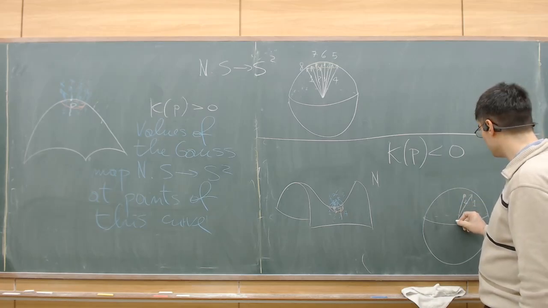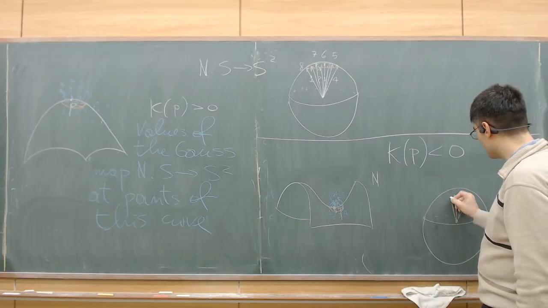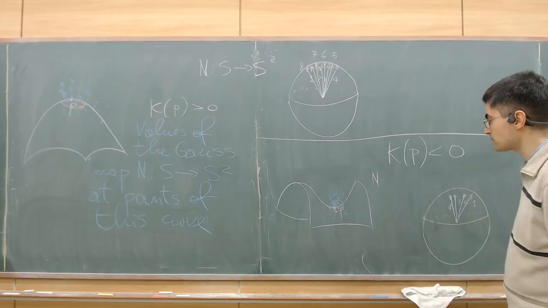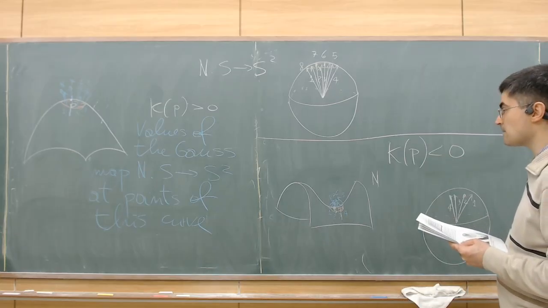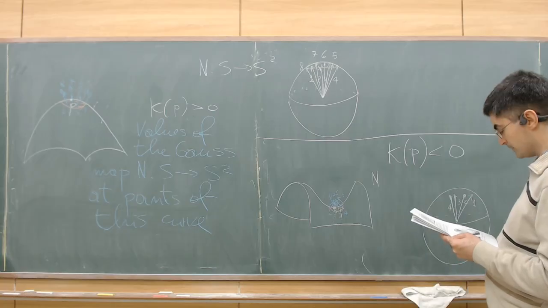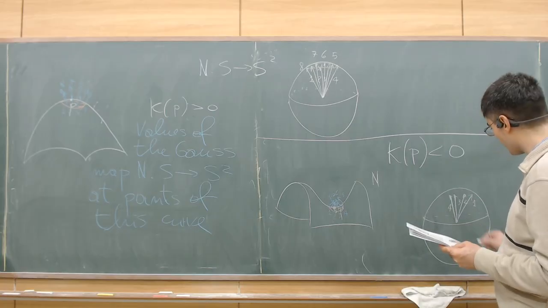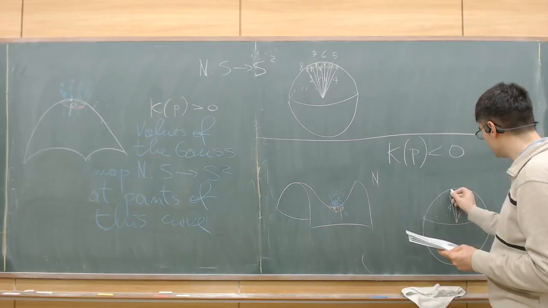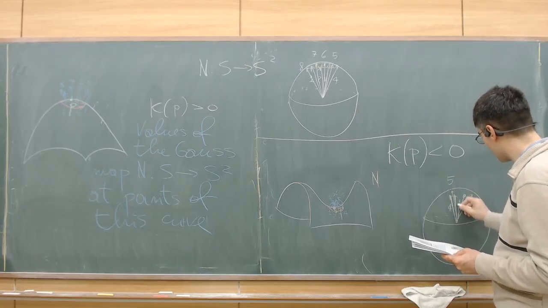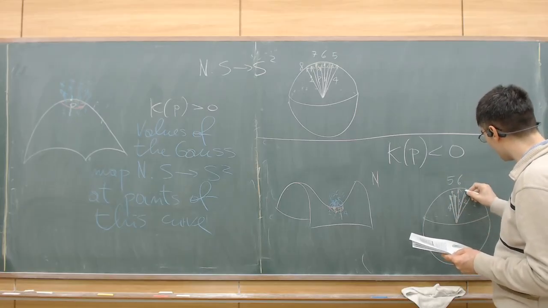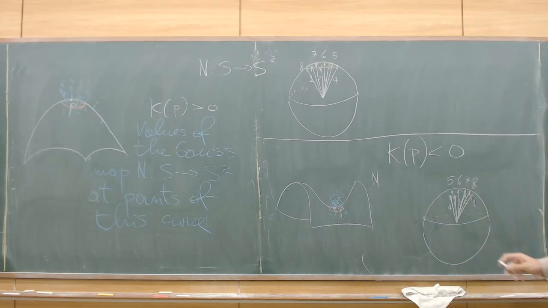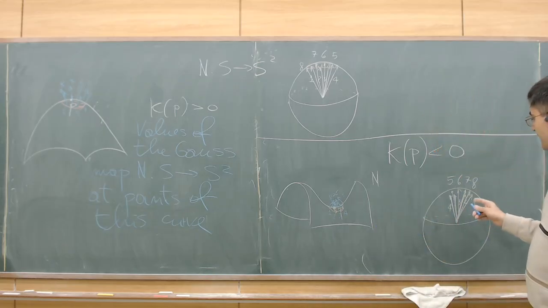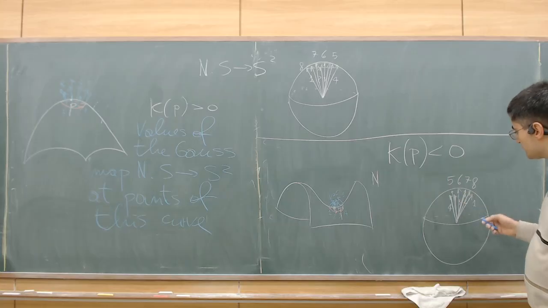Then I have 3, 4, 5, 6, 7, and 8. What is the loop that I get if I consider the curve joining the tips of this vector?